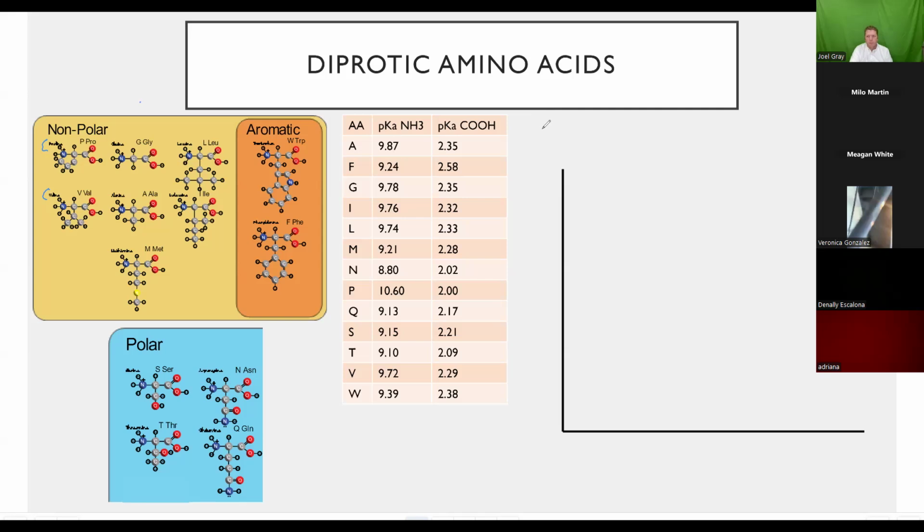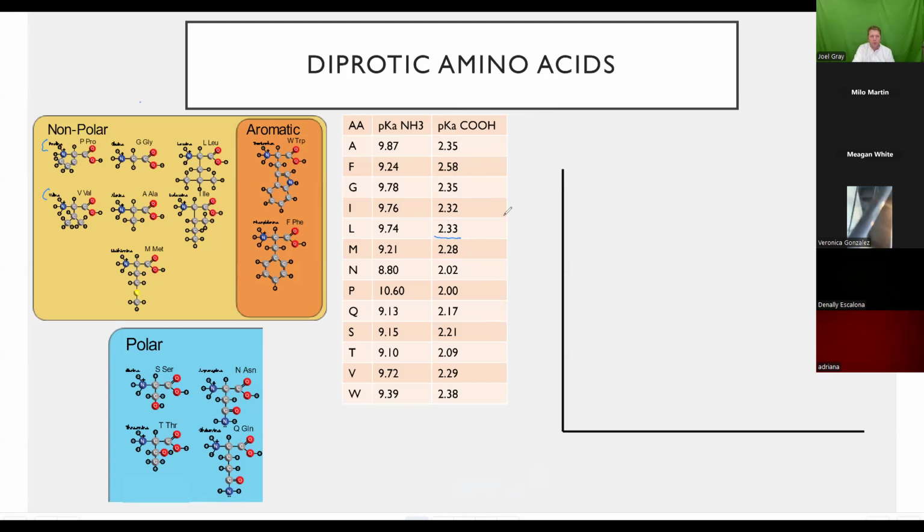Now, here are diprotic amino acids. One of the things that's really important for you to know is to be able to predict or anticipate pKa values. I'm never going to ask a question like, what is the pKa value of this, where I'm looking for 2.33 versus 2.32.